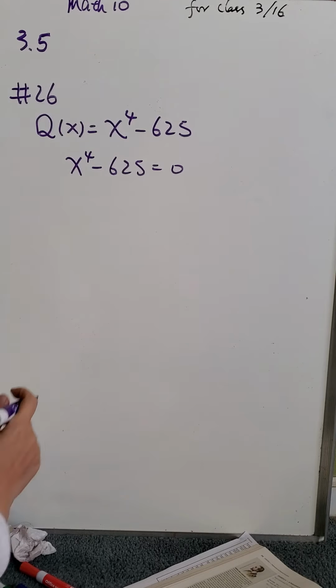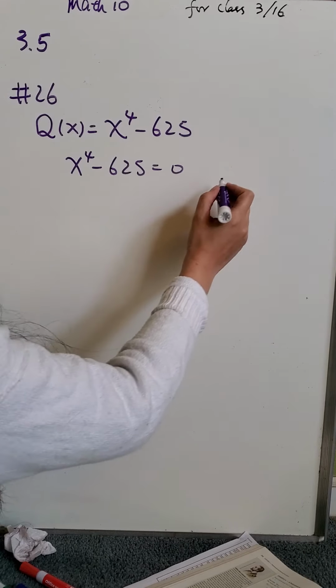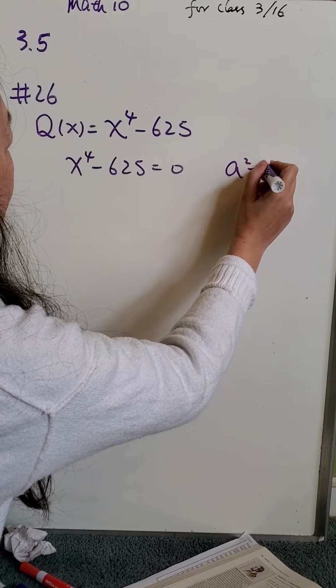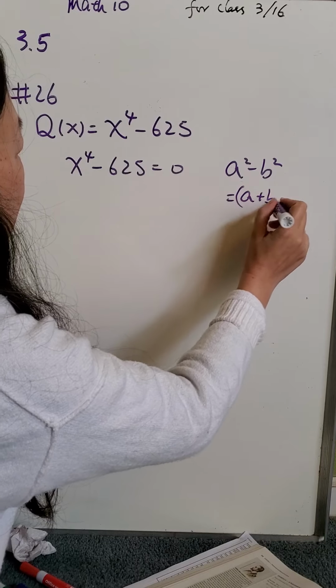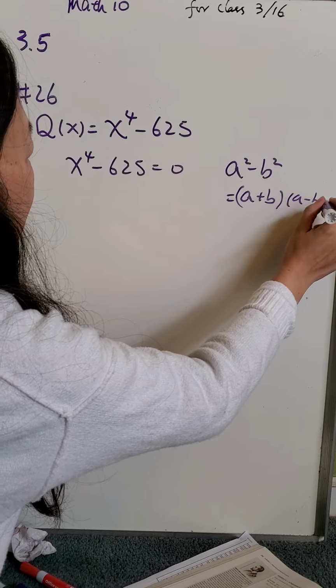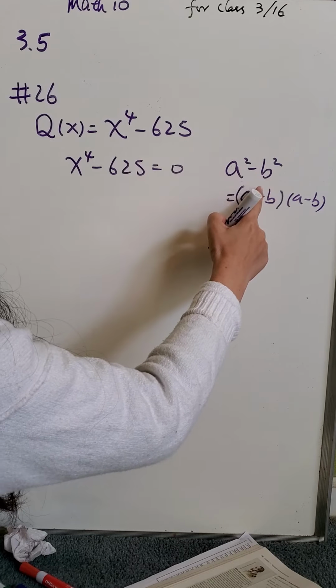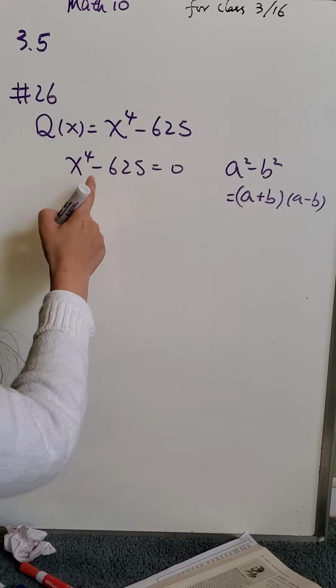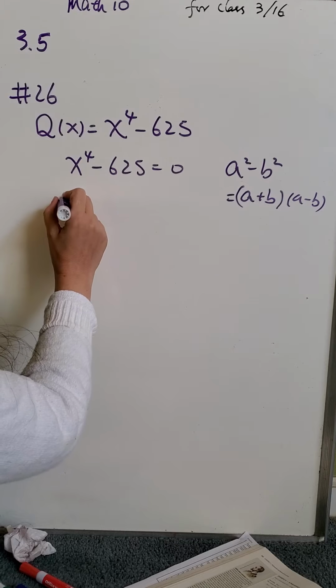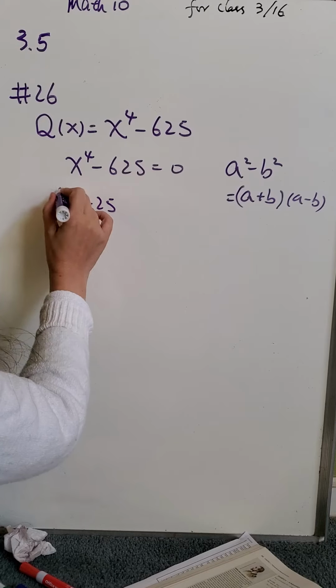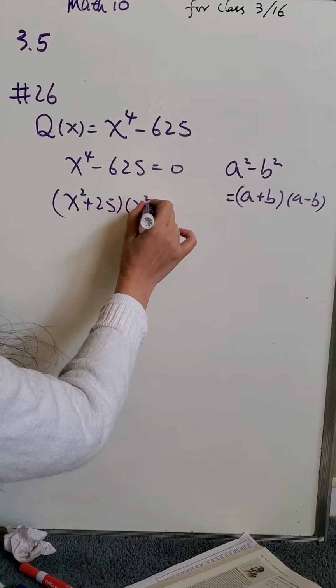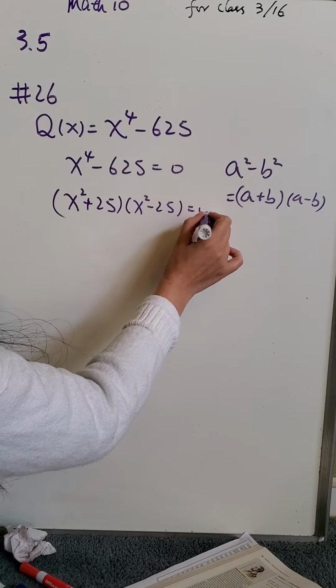See if you guys remember the formula for difference of two squares, where a squared minus b squared will give us a plus b times a minus b. And if you have a 4th power, you just add another power there. So make it to be x squared plus 25 times x squared minus 25 equals 0.